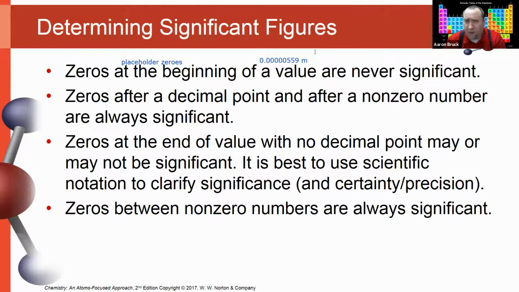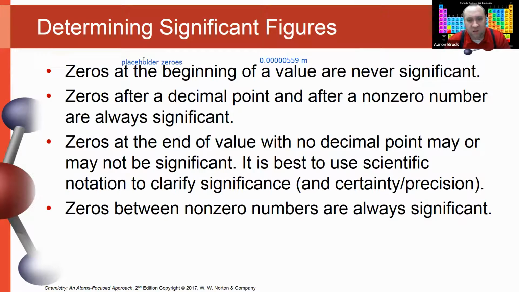If I don't have those zeros there, this number takes on a whole different meaning. 5.59 microns is way different than 0.559 meters. One is thinner than a piece of paper. The other one is about 1.5 feet in length. Very different from each other.